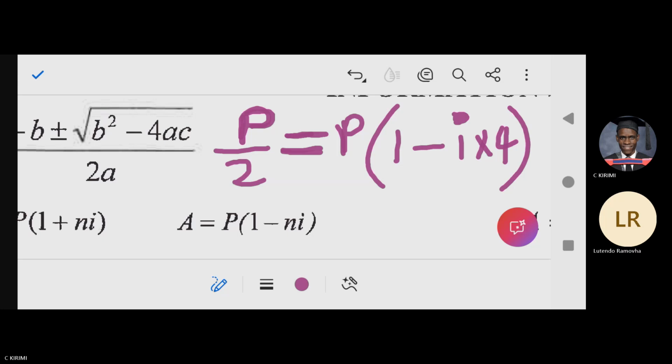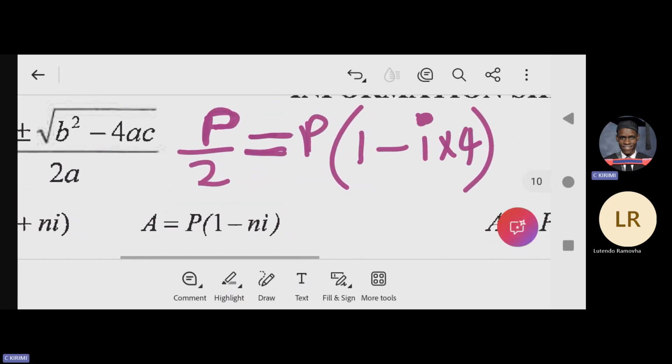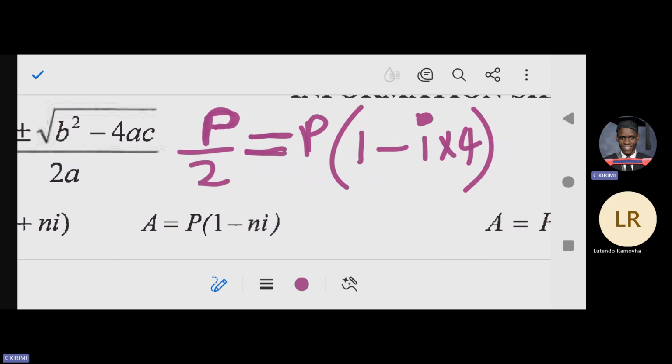Yes. So let's do it together. If we say P over 2 is equal to, now we expand the bracket.